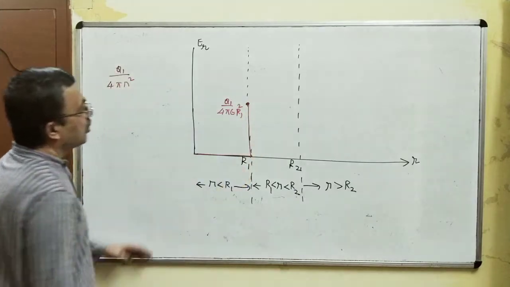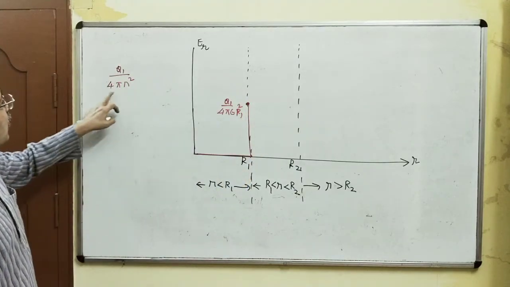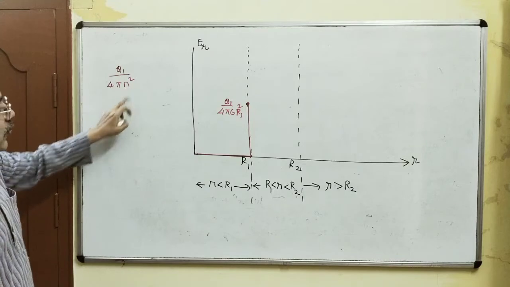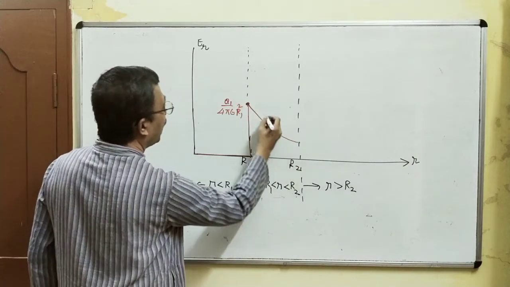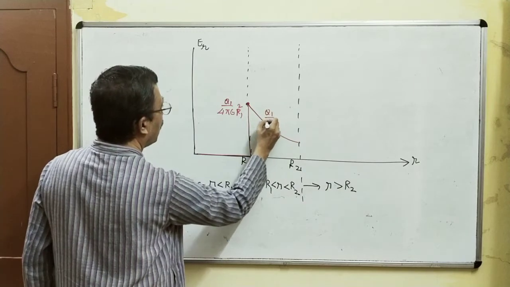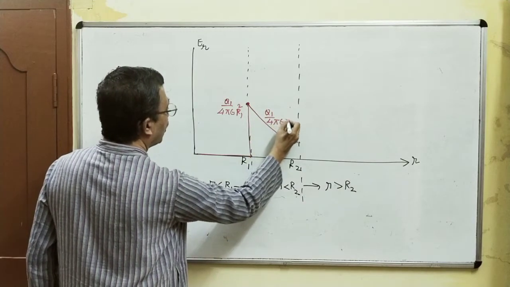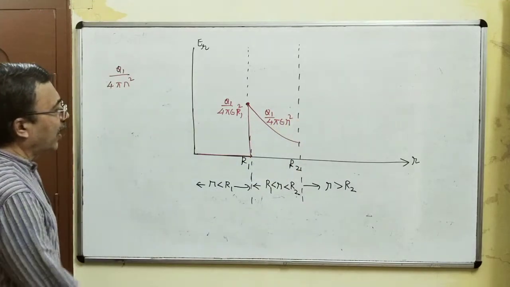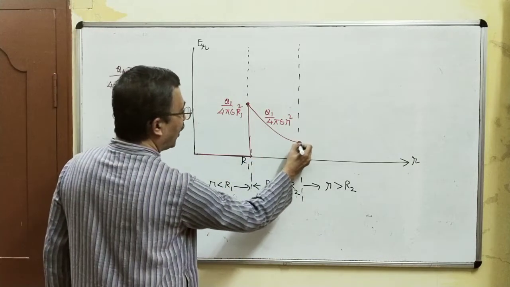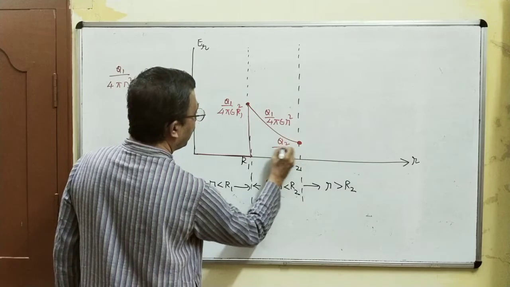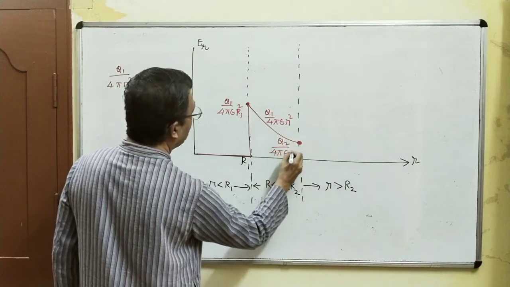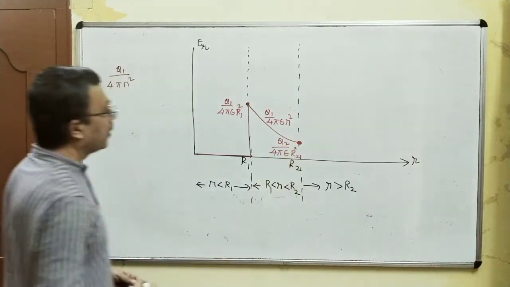From 0, suddenly it jumps to a value q1 by 4 pi epsilon r1 square. Between r1 and r2, it falls in the form of inverse square law given by q1 by 4 pi epsilon r square. At r equal to r2, we have found this value as q1 divided by 4 pi epsilon r2 square.